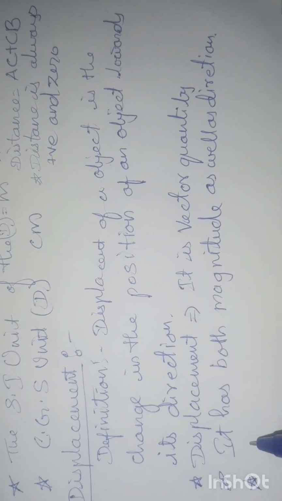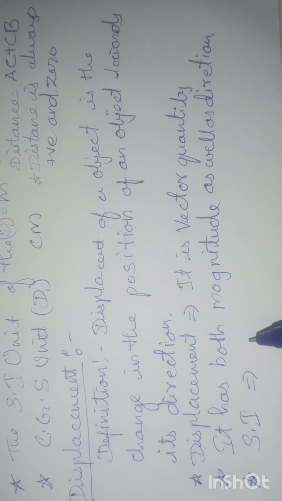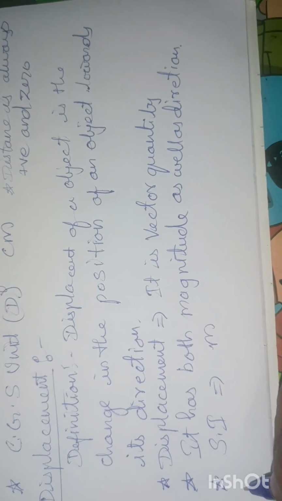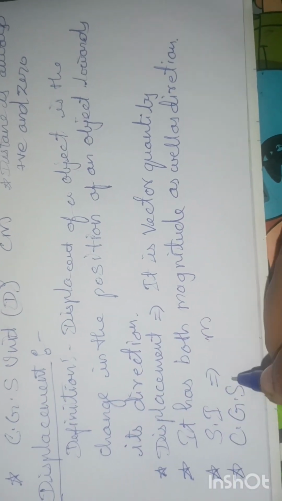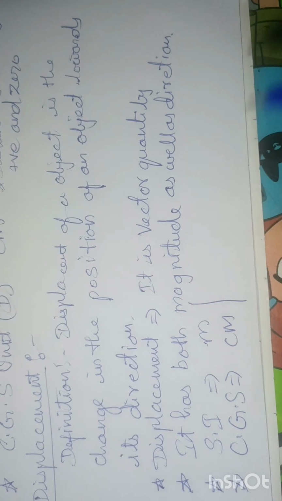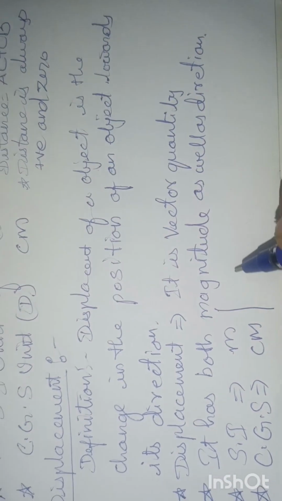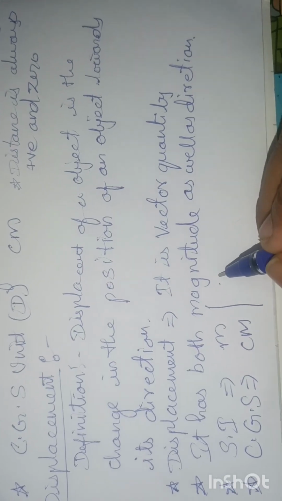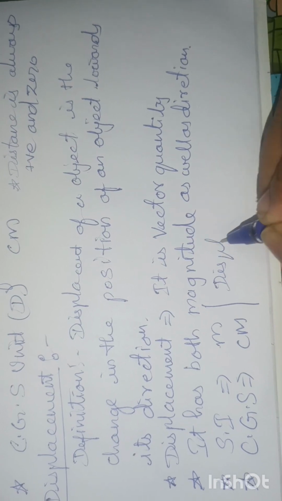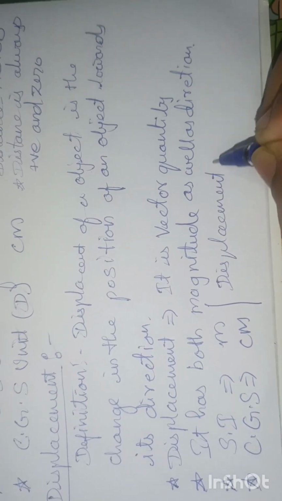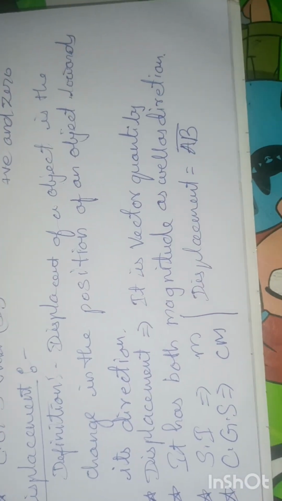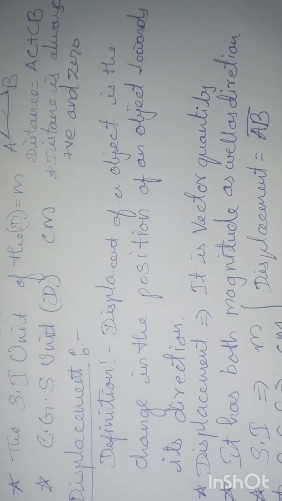The SI unit of displacement is the same, meter, and the CGS unit of displacement is centimeter. The displacement is represented as AB vector or A vector or B vector.